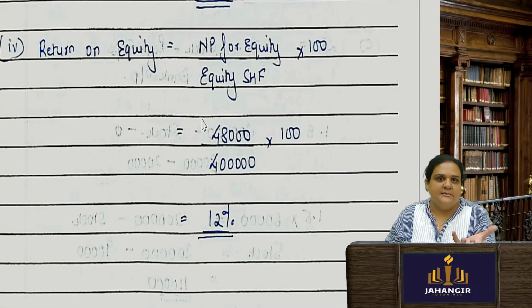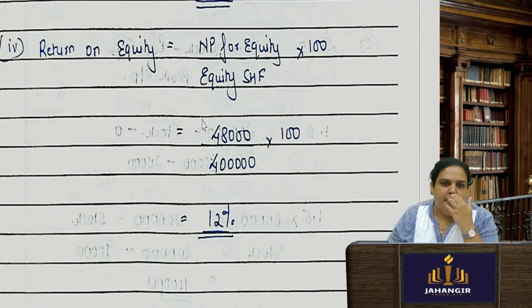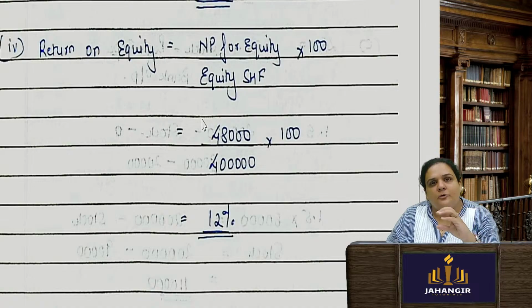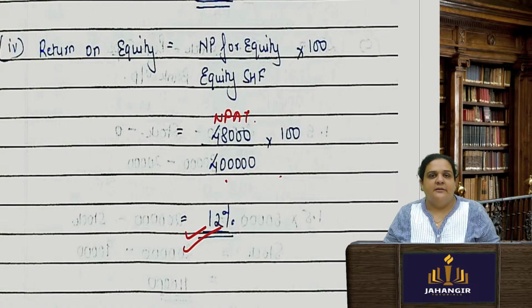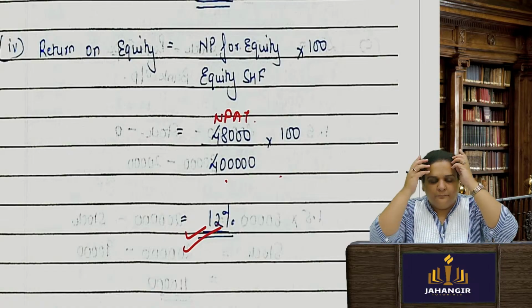Entire 4 lakhs is your equity shareholders' funds. Nothing is given to me about reserves and surplus and anything, so that total 4 lakhs I am considering. Net profit for equity will be your net profit after tax only in our case, and divide by 4 lakhs into 100, 12% is return on equity.